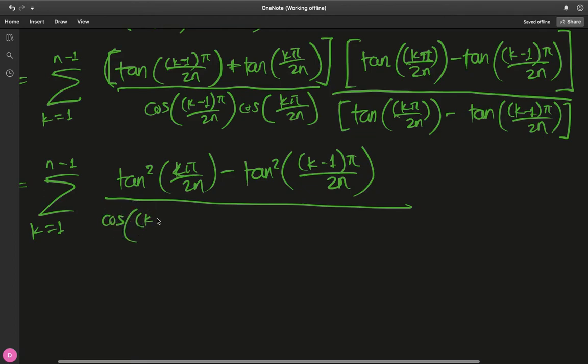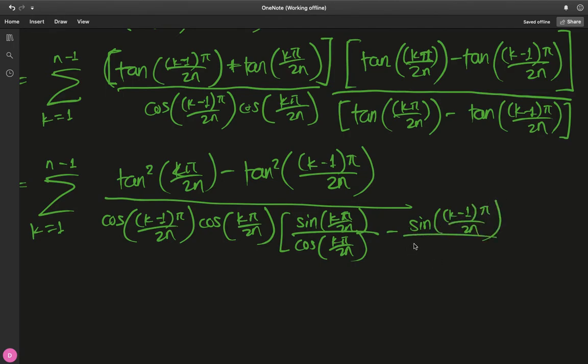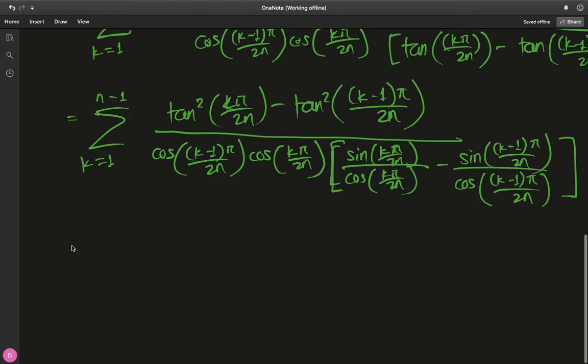So we have cosine of k minus 1 pi over 2n multiplied with cosine of k pi over 2n, and this tangent can be written as sine of k pi over 2n divided by cosine of k pi over 2n minus sine of k minus 1 pi over 2n divided by cosine of k minus 1 pi over 2n. Believe me, it's a lot to write, the angles are complicated, and all of this is still inside this weird square bracket that we developed.